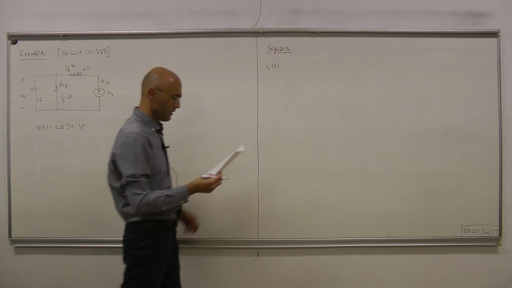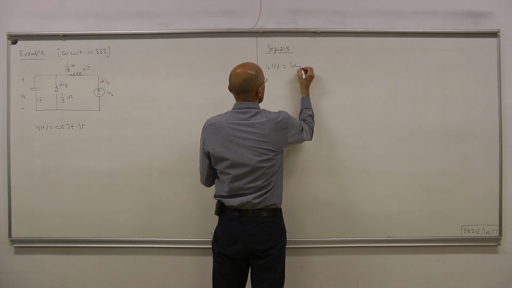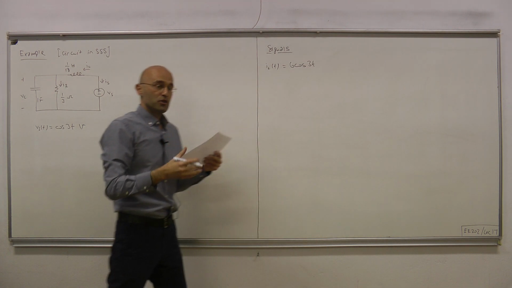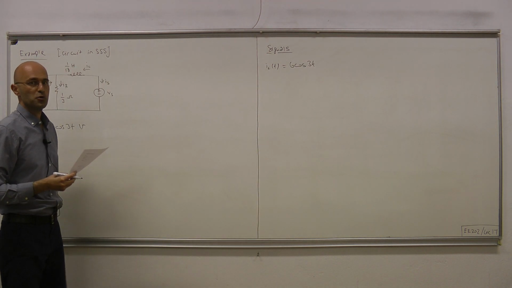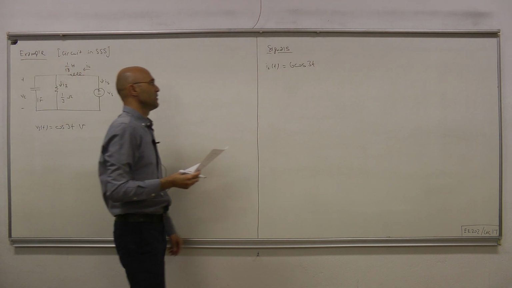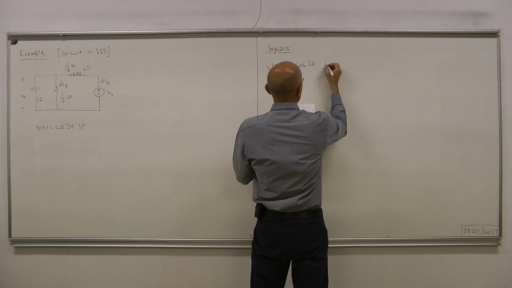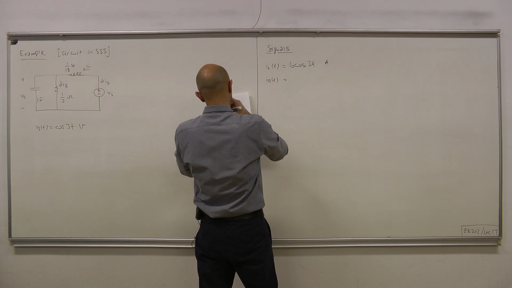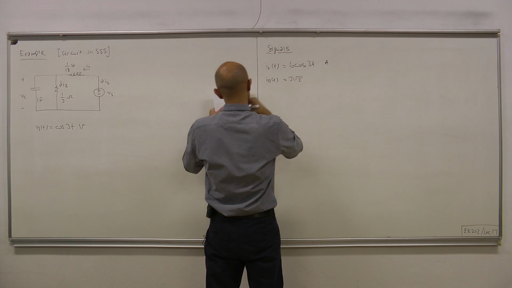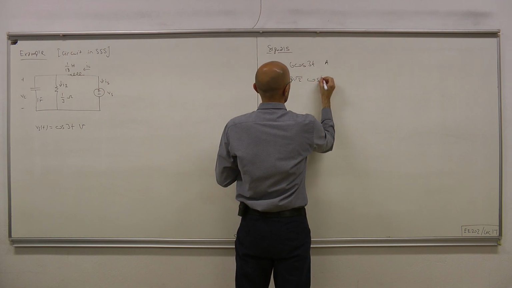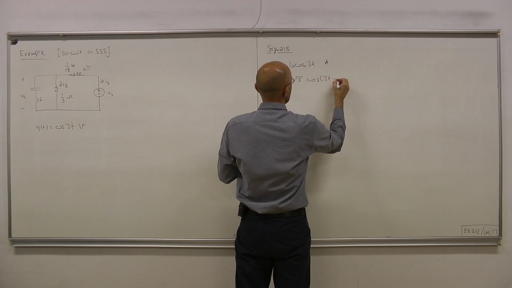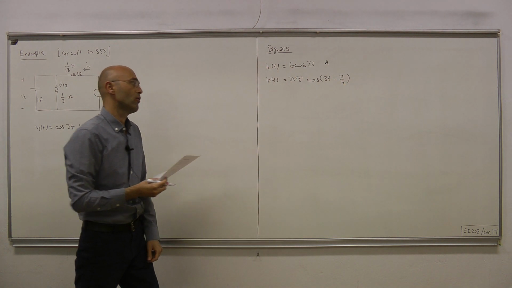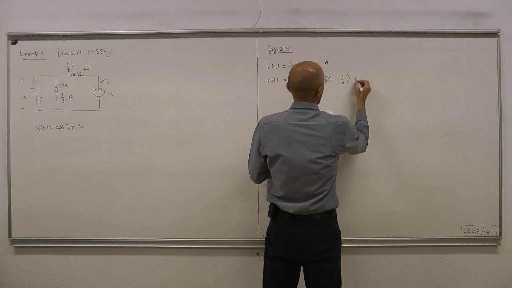starting from the inductor current. IL of t can be computed, or can be measured if we construct a circuit in the lab. It is 6 cosine 3t amps. IR of t is 3 times square root of 2 cosine of 3t minus 45 degrees, or pi over 4 radians, amps.